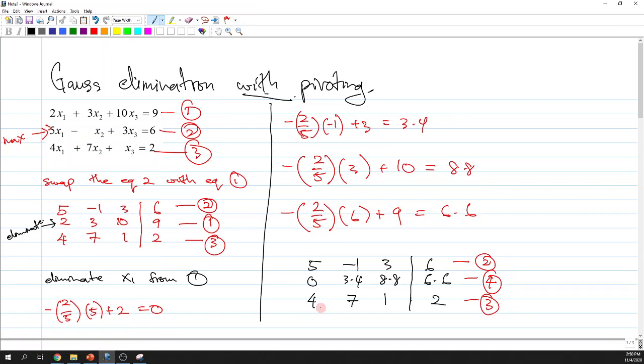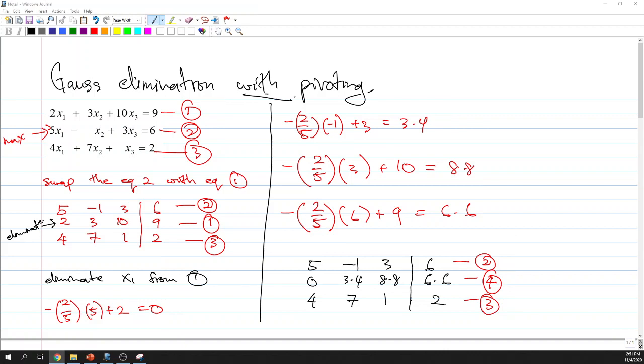Why when we eliminate without pivoting we still get the answer? Yes, for sure you will get the same answer. If you do without pivoting also you can get the same answer. But you need to understand the question.